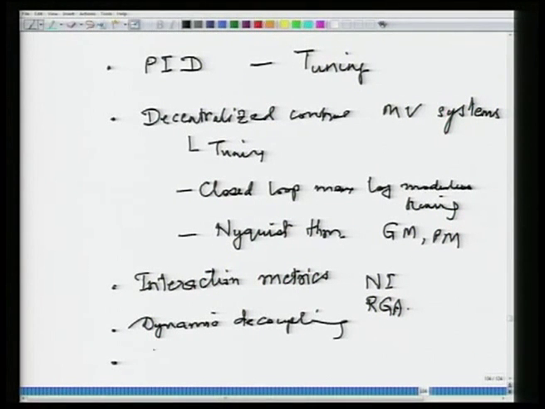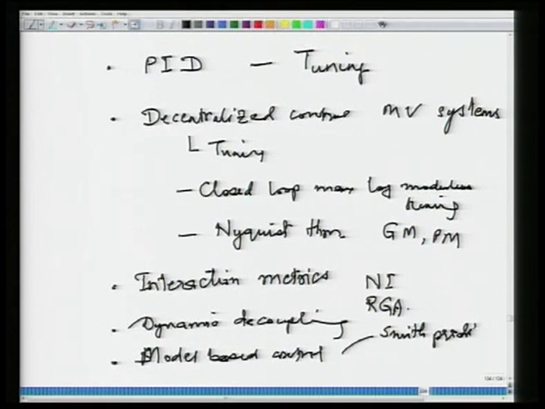And finally, we looked at model based control techniques, the Smith predictor for processes with difficult open loop dynamics, and we have just finished looking at dynamic matrix control, which is one of the techniques for MPC. The techniques differ, the approach is the same, it is just the algorithmic details that differ from one approach to the other. All this we have looked at.